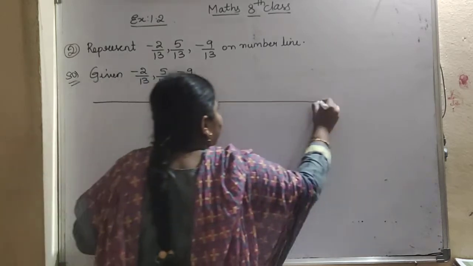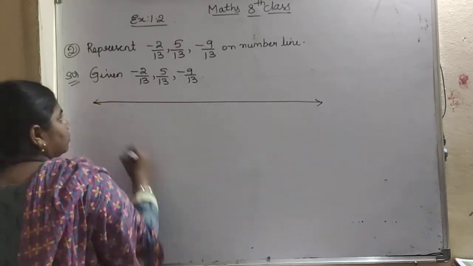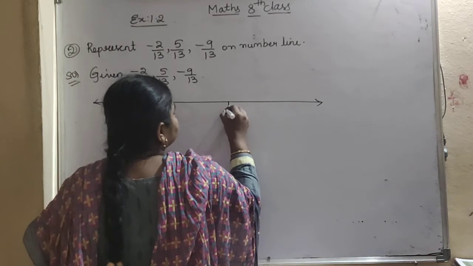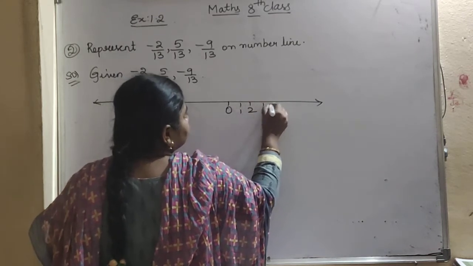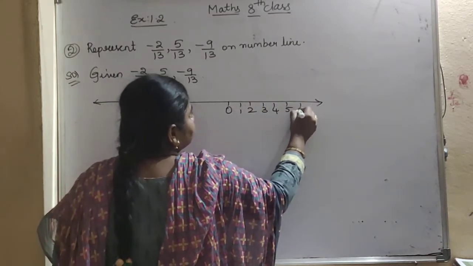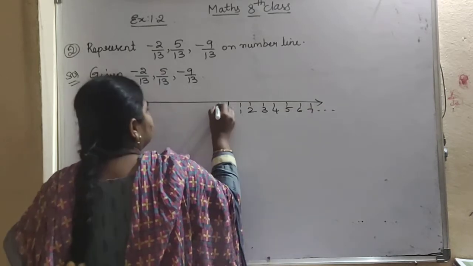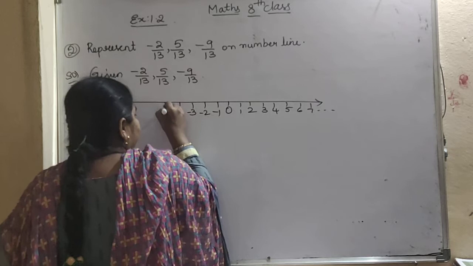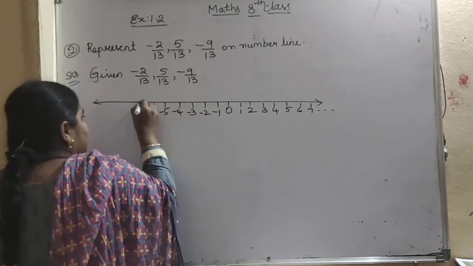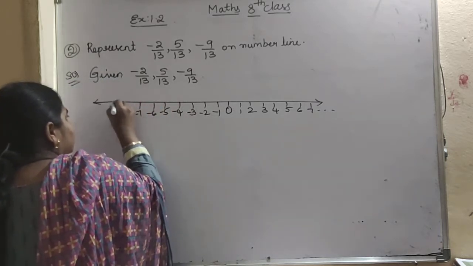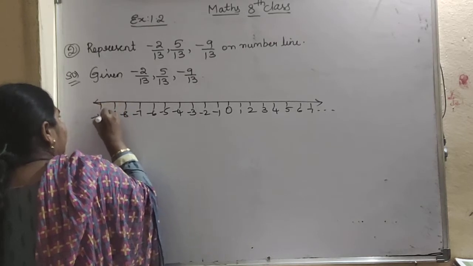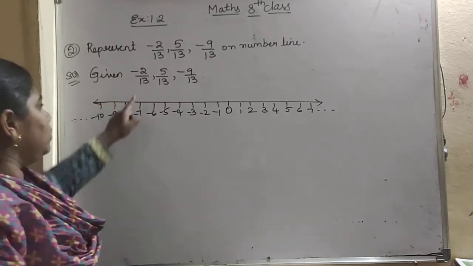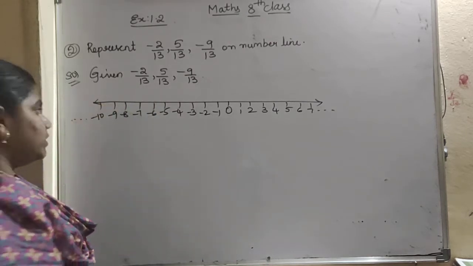So draw a number line, and so on. -1, -2, -4, -5, -6, -8, -9, -10 and so on. So in all the numbers denominator value is 13.